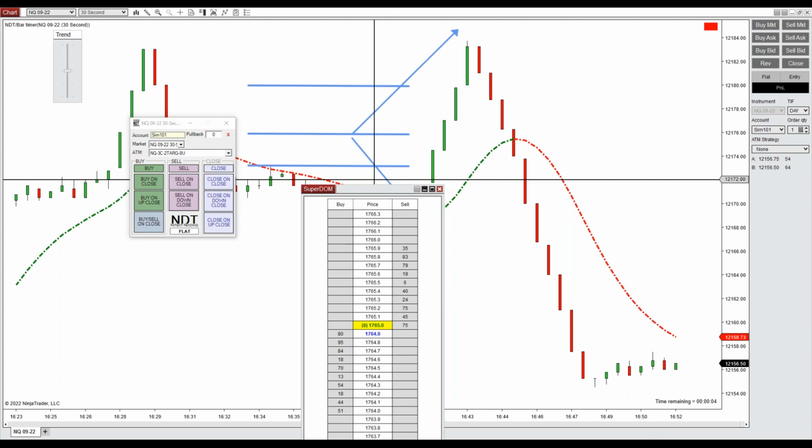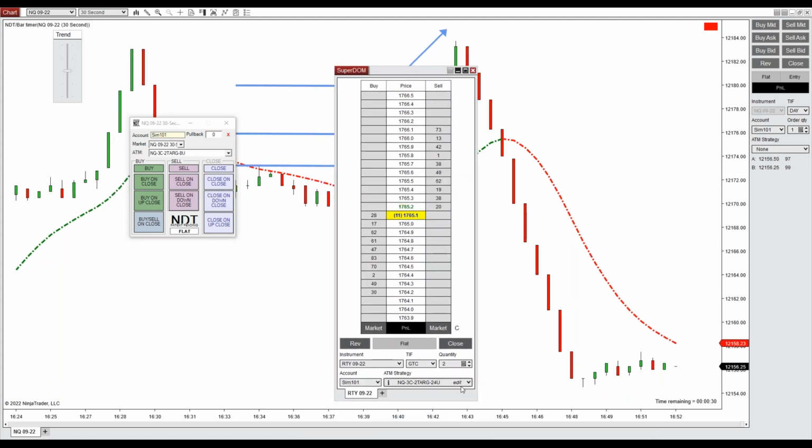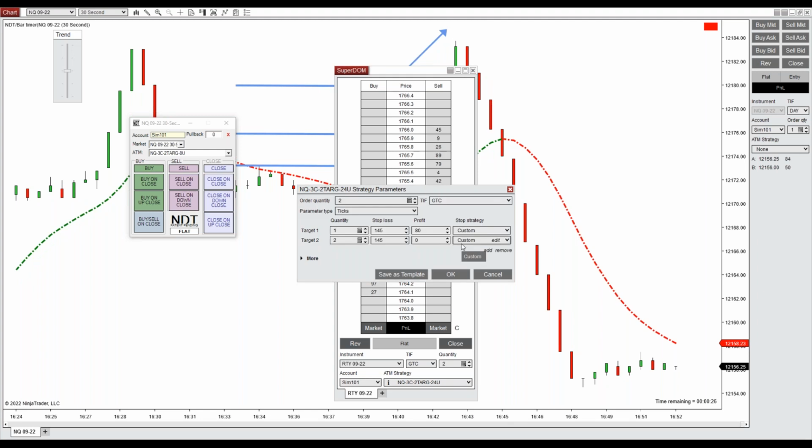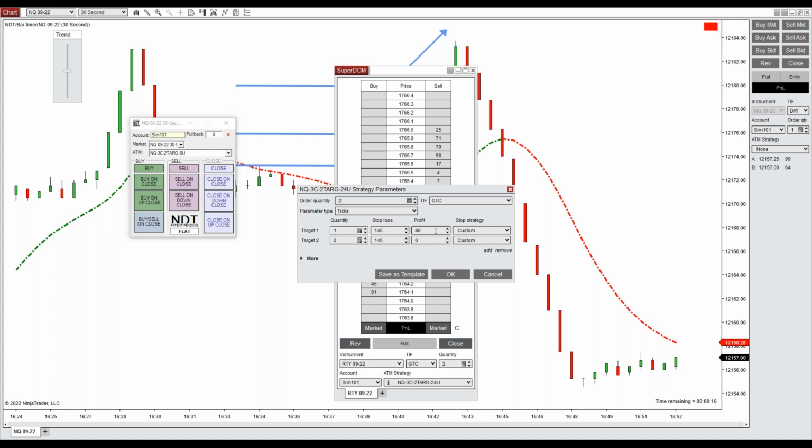If I open this up, you're going to see we have no runner. No runners configured. On our 24 uni, we're looking for 80 ticks for first target. Now maximum risk is 145.